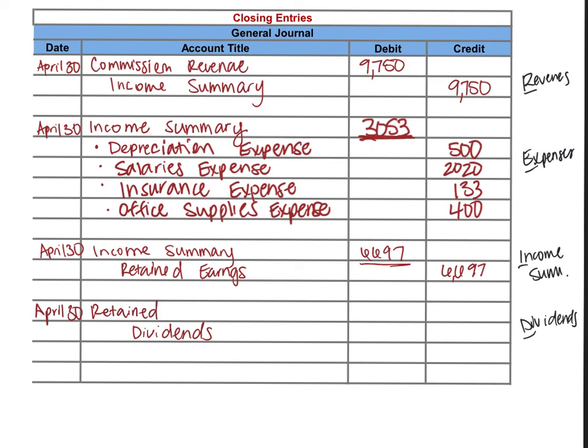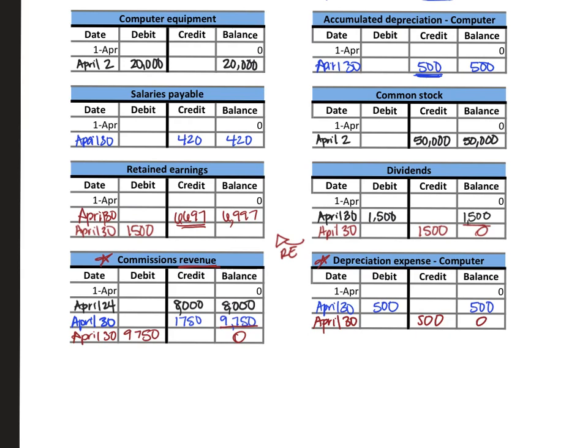Retained earnings increased earlier with a credit, but here it's decreasing with a debit. And the amount, $1,500, to close that account down to zero. All right, entering that last journal entry here into retained earnings from dividends brings that final balance down to $5,197.